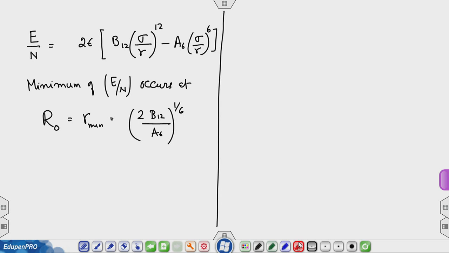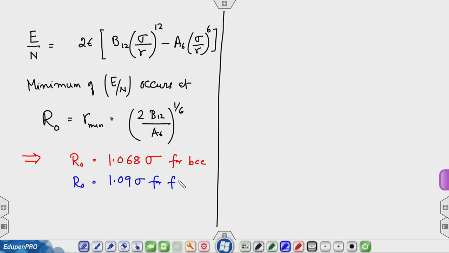So, if you do the calculation, this gives you r0 equals 1.068 sigma for BCC, and r0 is equal to 1.09 sigma for FCC.